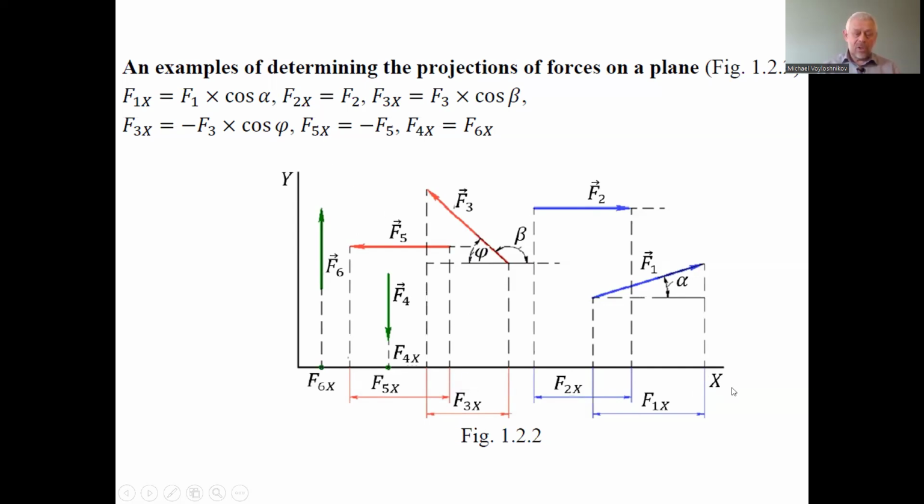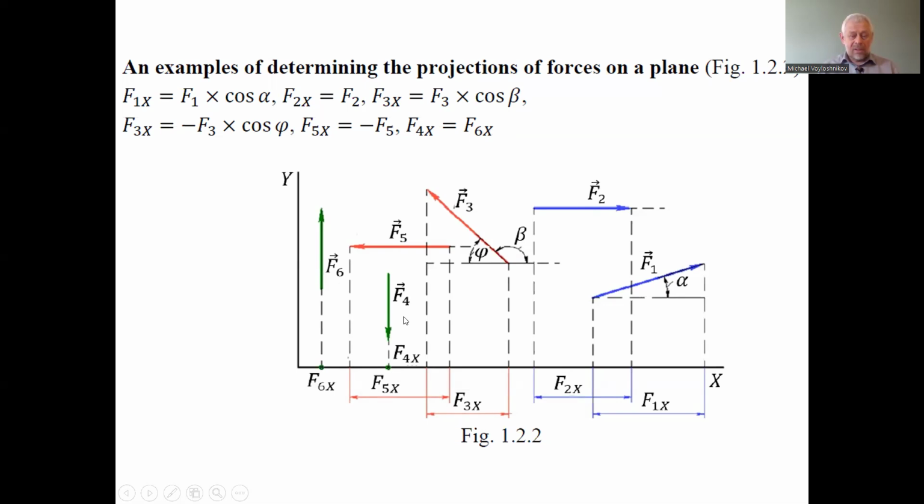The projection of force F5 on the abscissa axis is minus F5 because this force is in the opposite direction to the abscissa axis. And the projections of forces F4 and F6 are equal to 0, and equal to each other, because they are perpendicular, at a right angle to the abscissa axis.